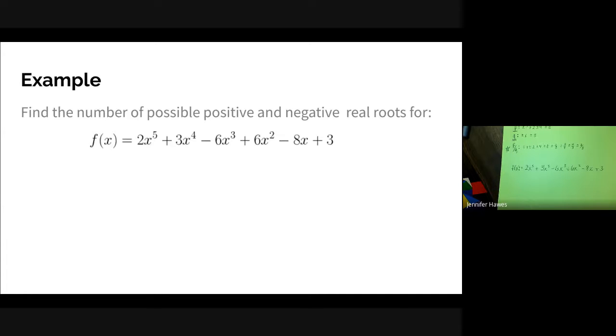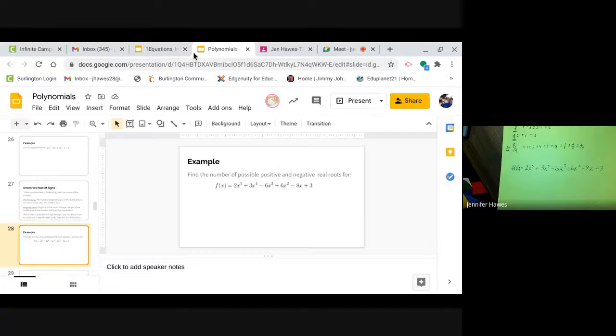So one of these things is, if I go through and count changes on the positive one, and I count no changes, well then don't try any positive numbers. Maybe I count the negative changes and I only have 1 negative. Well, once I find that number, don't try any more negative numbers.